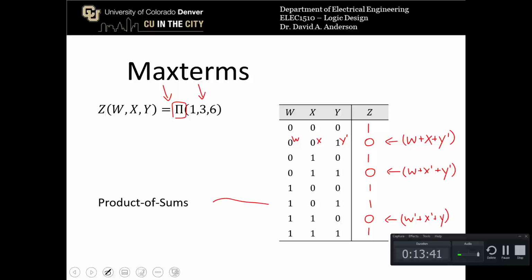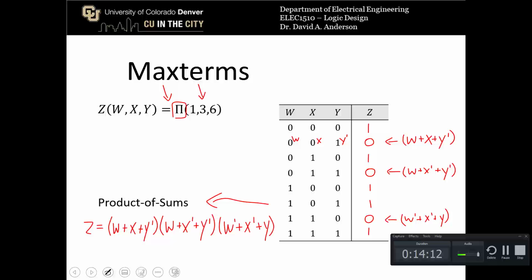So then the product of sums form for this expression, z is equal to the multiplication of all of those max terms: (w or x or y prime) and (w or x prime or y prime) and (w prime or x prime or y).